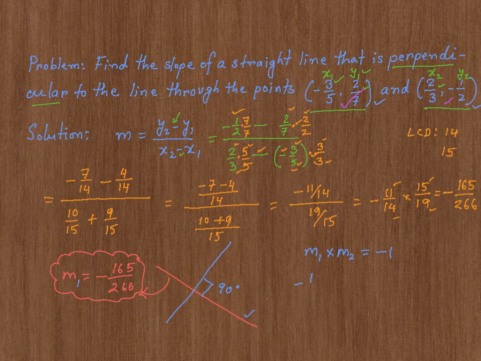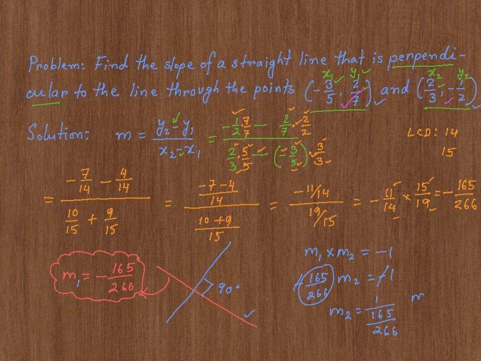That's going to be negative 165 over 266 times m2 is equal to negative 1. Negative and negative is going to cancel out. Now if I divide both sides by 165 over 266, I get m2 is equal to 1 over 165 over 266.